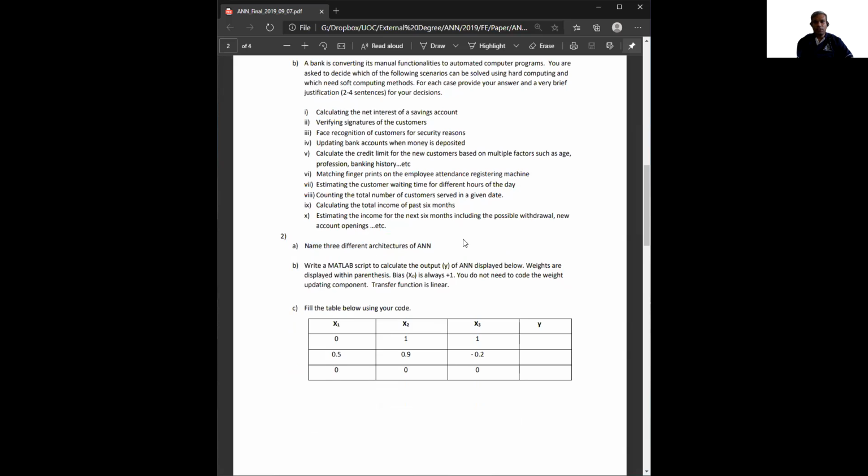Name three different architectures of neural networks. So there are different designs, right? Depending on how the neurons are connected, you have different types of neural networks. Can you name three different types?